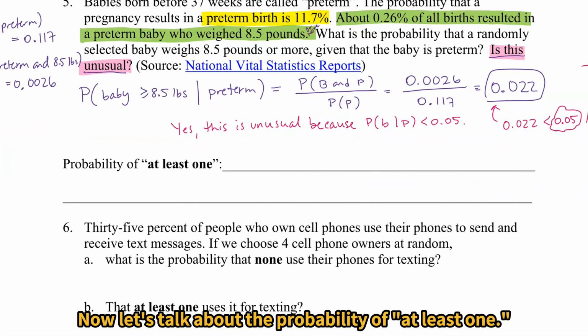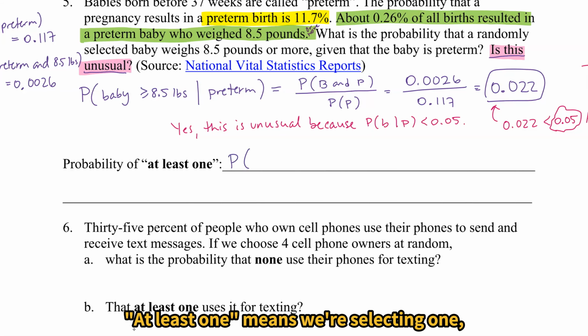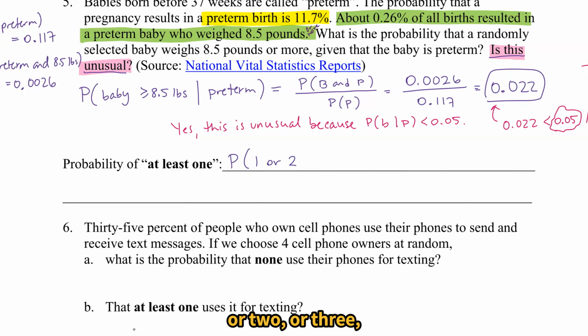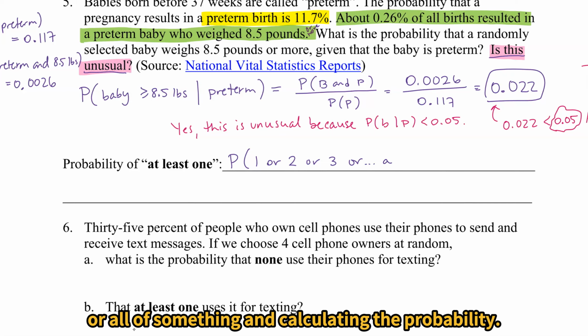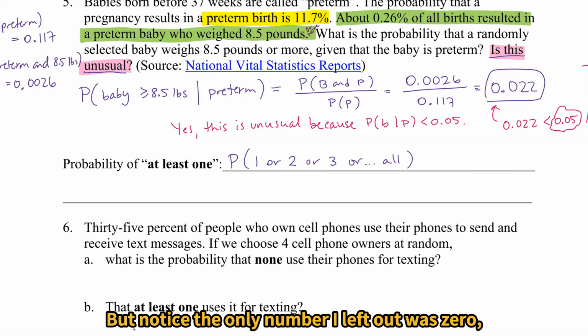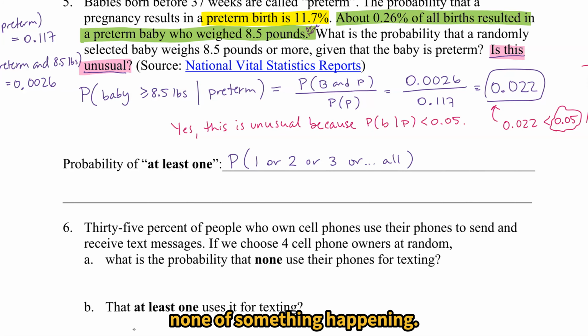Now let's talk about the probability of at least 1. At least 1 means we're selecting 1 or 2 or 3 or all of something and calculating the probability. But notice the only number I left out was 0, none of something happening.